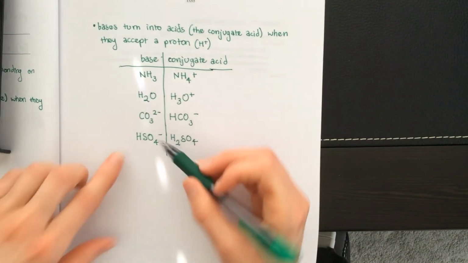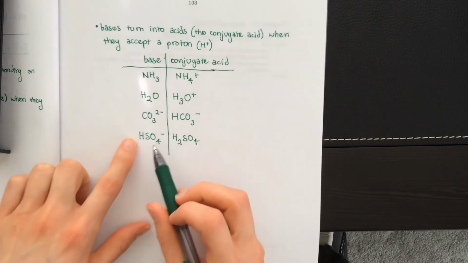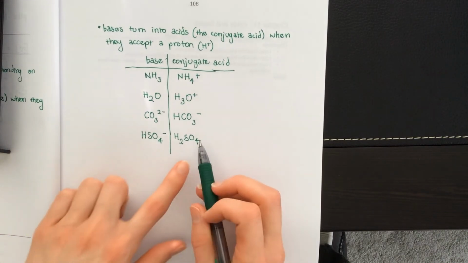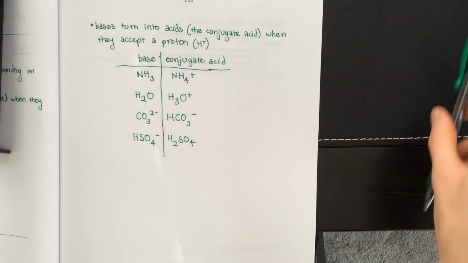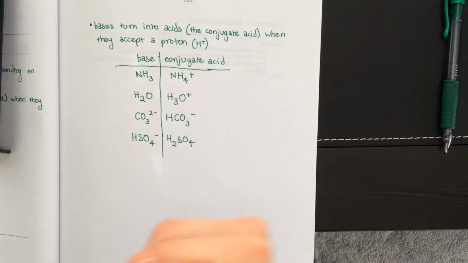So it is acting as a base to become a conjugate acid. When I say it's acting as a base, I mean it's gaining an H+ and turning into an acid. Okay, I know this is kind of hard to wrap your head around, but if you just take it really slow and really think through it, you guys can figure this out.